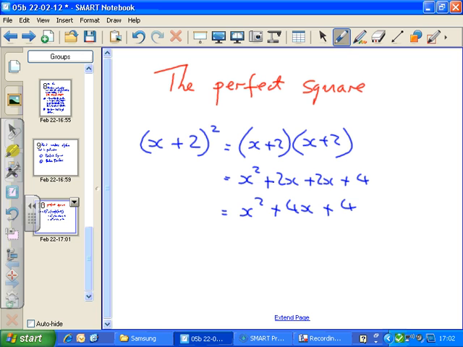That's a perfect square. Why is it a perfect square? Because it can be written like that. x plus 2 all squared.